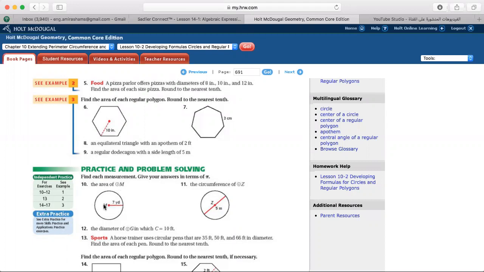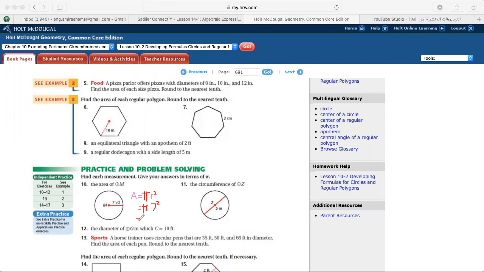As you see here, I have the radius r, which is 7. What is the formula of the area? Area is equal to pi r squared. They want it in terms of pi, so I will leave pi as it is. r is 7, and 7 squared is equal to 49.